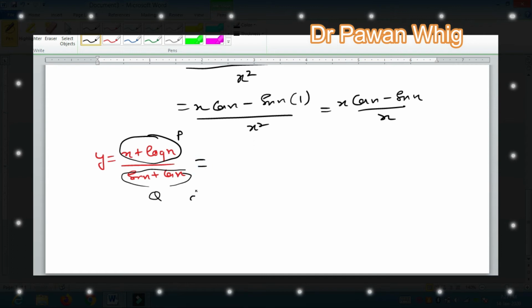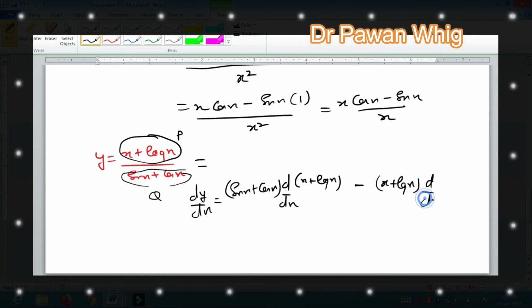The differentiation would be: the denominator is the same, and initially you differentiate the numerator, x plus log x, and then minus, this time x plus log x you keep the same, and differentiate sin x plus cos x, and the whole upon sin x plus cos x.